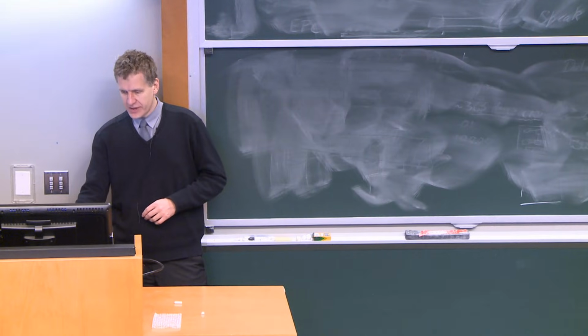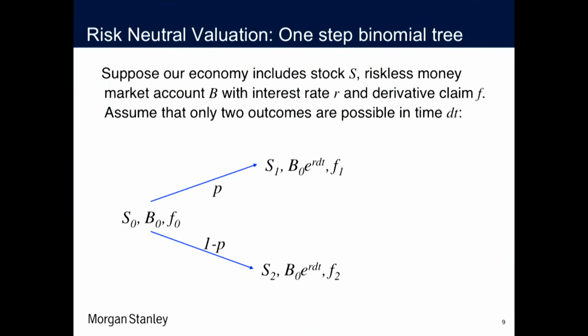So let's consider a very simple example, very simple market. 2 periods. So suppose our time is discrete and we are one step before the maturity. So right now our stock has price S0 and there is some derivative F0 with some payout.